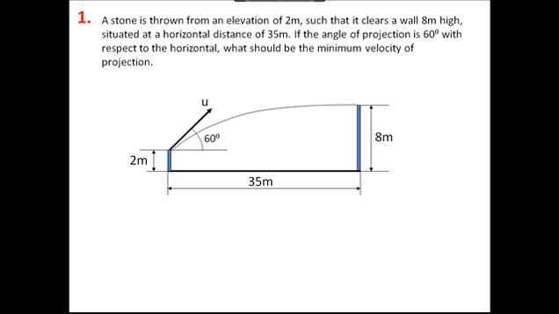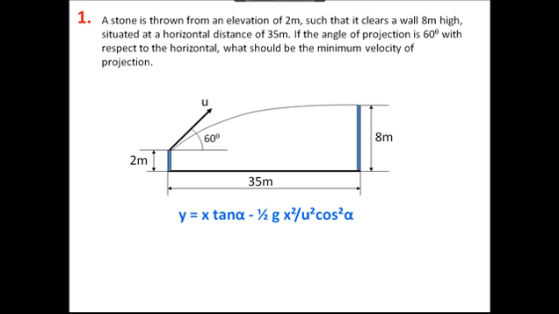Now mind you, no one has said that 8 meter is the maximum height of the projectile. It is just a point on the projectile path. Best way to do these problems is to use the path equation, because the path equation doesn't have the time t, and it suits us fine for the purpose of this problem.